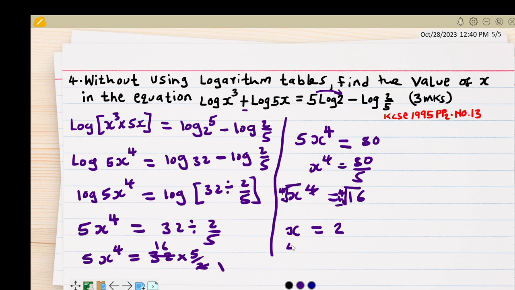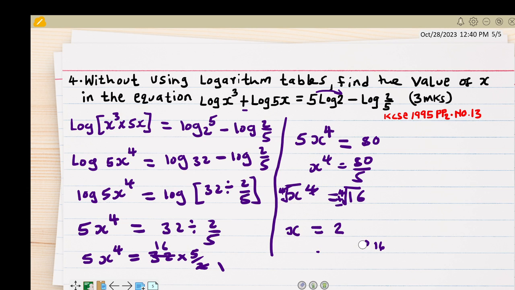You press digit 4, then shift, then we have this symbol here, then of course after that you press 16. Then if you press the equal sign, you will get the answer as 2.